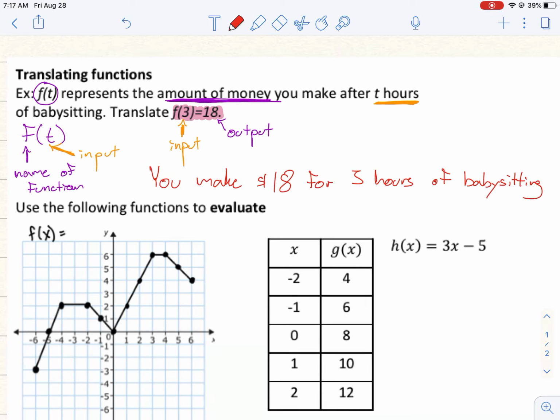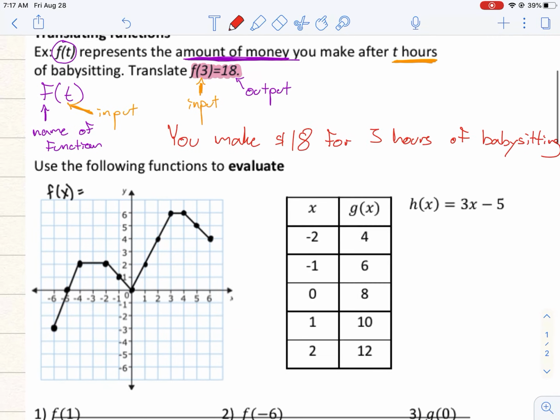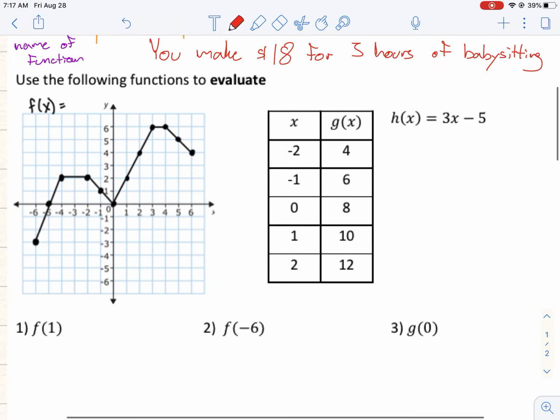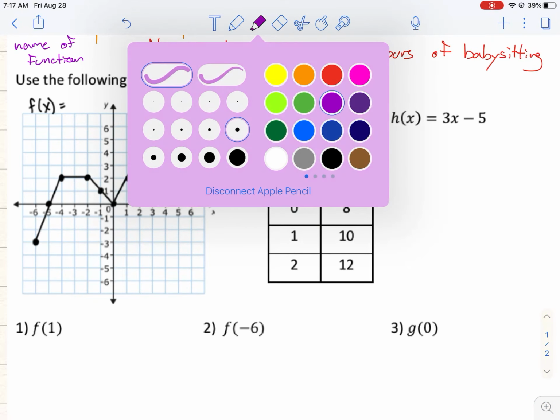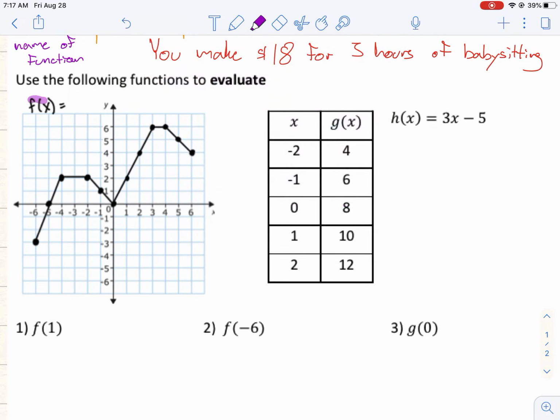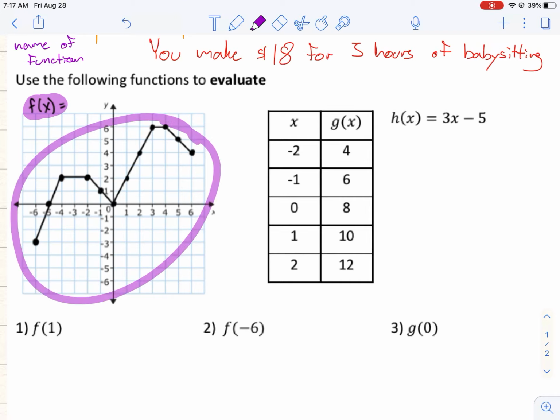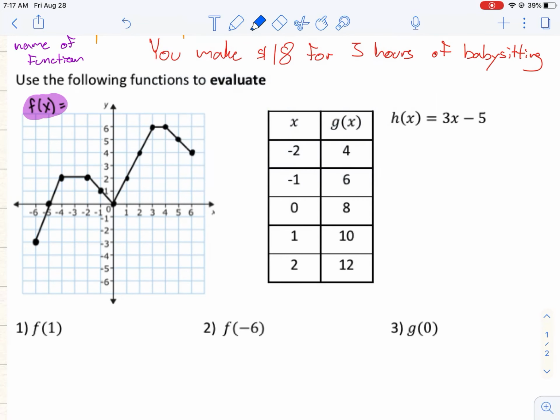So know what function notation means. The letter in front is just the name of the function. Now, we need to know function notation when we're evaluating a bunch of different representations. Here, I've got 3 different ones. I've got f of x, which is this whole graph here. I have g of x here, which is this whole table.